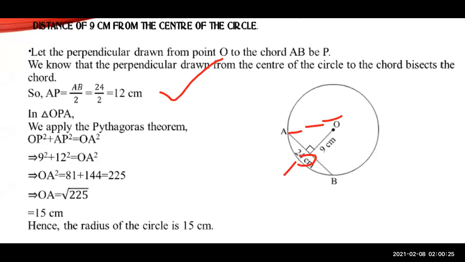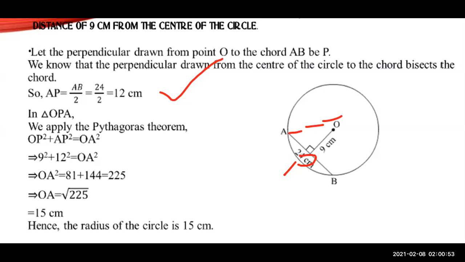We have to apply the Pythagoras theorem, that is hypotenuse square equals one side square plus other side square. Now our hypotenuse is OA and our two sides are AP and OP. So we will write OP square plus AP square equals OA square.